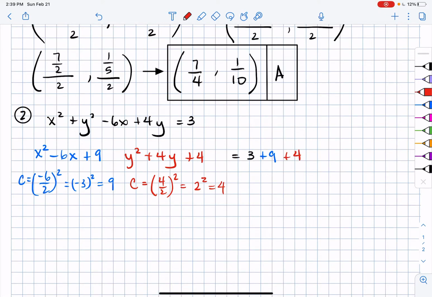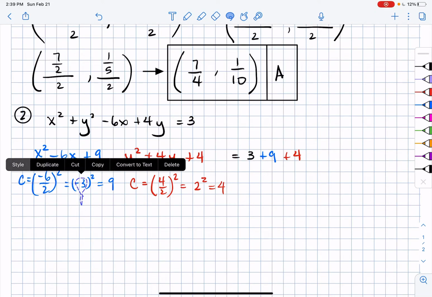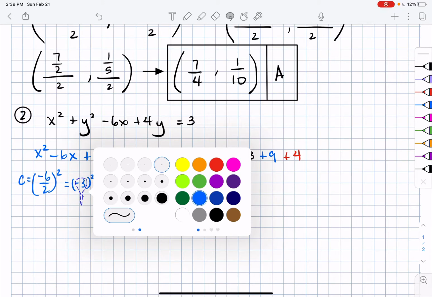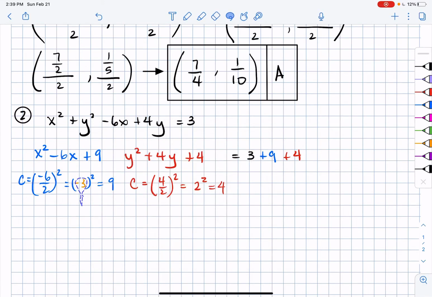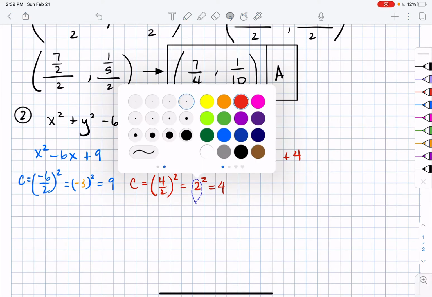Okay? All right. So, remember how I said do the work. I think I'll make this orange, and let's make this green.